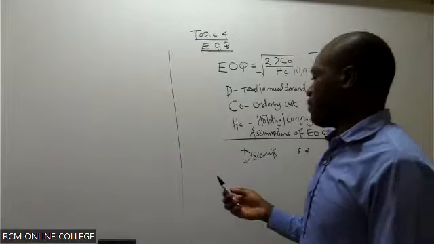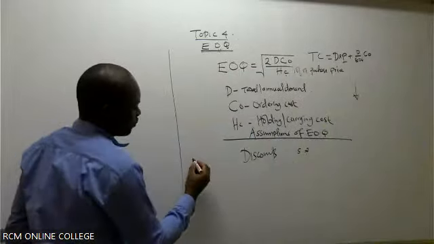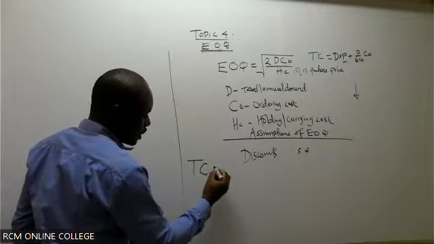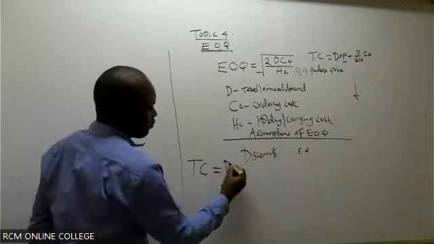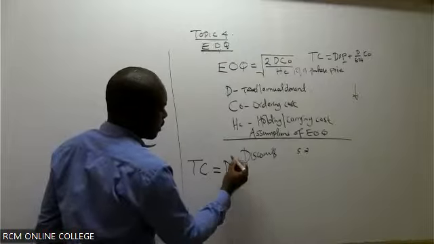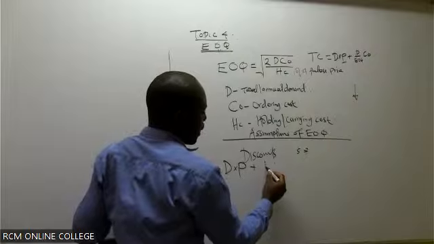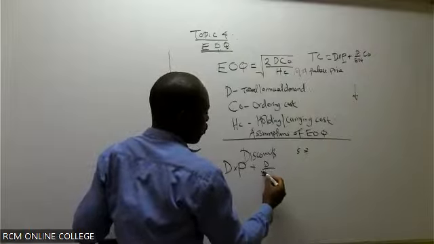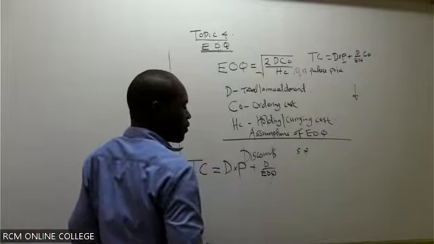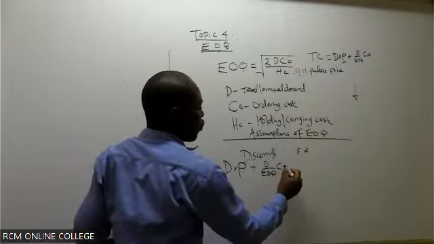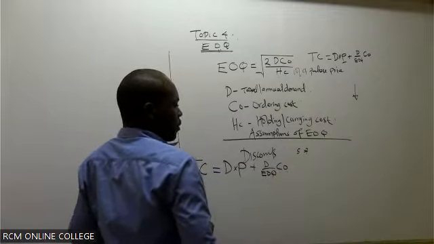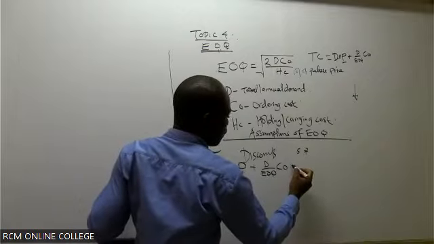Keeping in mind that our total cost is calculated as demand multiplied by purchase price, which will not change. Then to that we add demand divided by economic order quantity to give us the number of orders, then we multiply by ordering cost for each order.